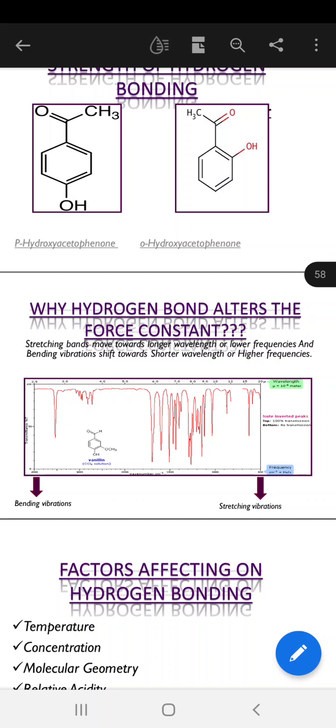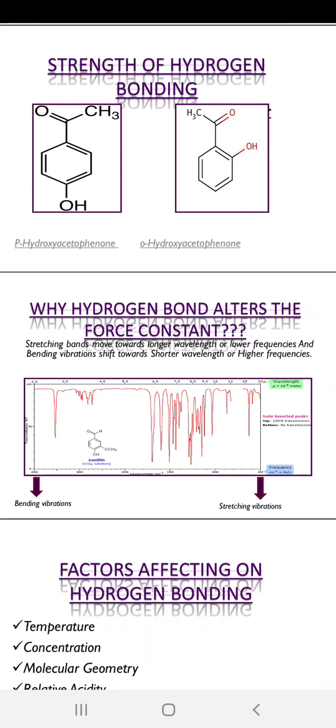Now, stretching bonds move towards longer wavelength, as in this spectrum you can see. Stretching vibrations are towards longer wavelength, or you can say low frequency, and bending vibrations are towards shorter wavelength and higher frequency.